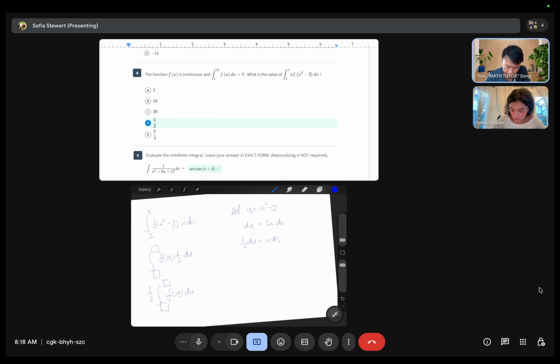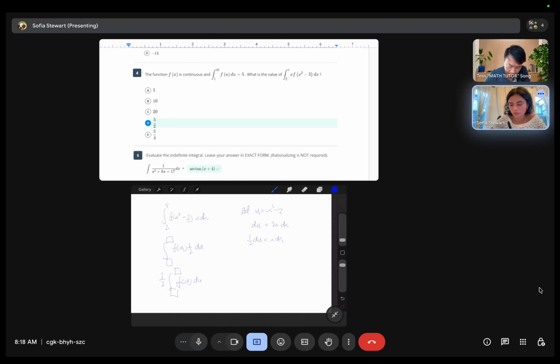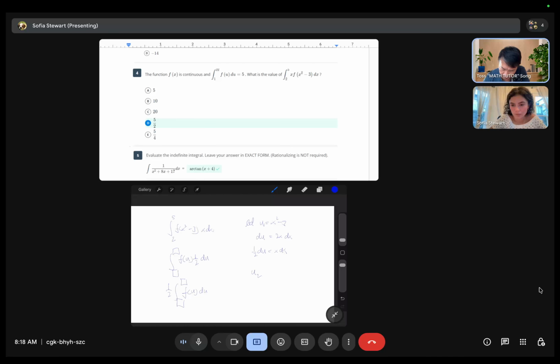Next thing, I'm going to do u when it's 22 here. I guess I don't know. You want to notate that. I'll do u2 here. And u1, u2, okay, never mind.